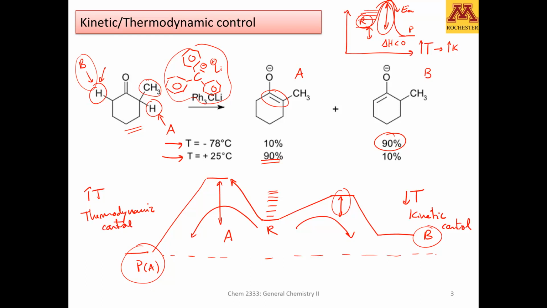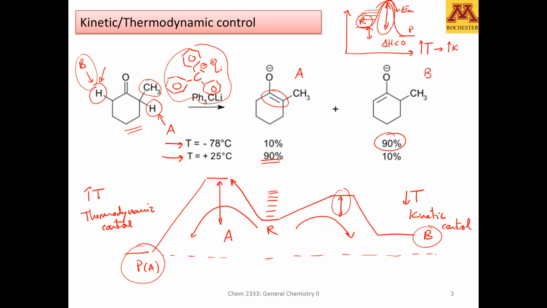Hopefully that makes some sense. It will be applicable to other reactions. You may need to recall a little bit of your organic chemistry, but this example should be useful to understand the inherent competition between kinetic factors and thermodynamic factors.